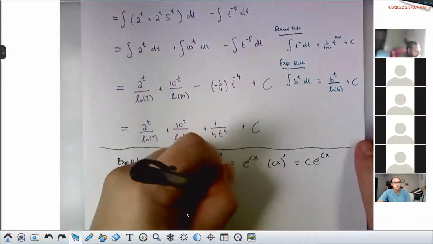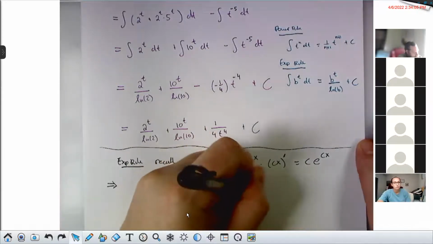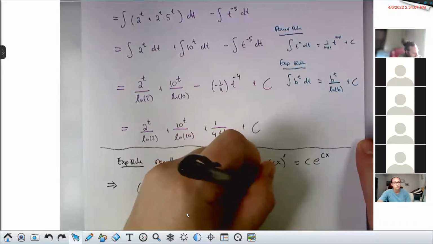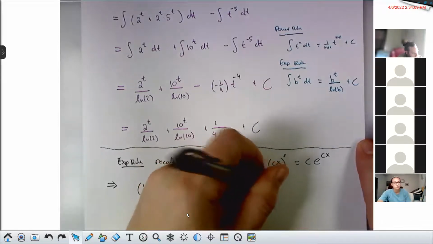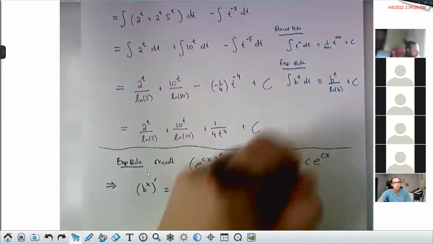Then, by the properties of logarithms, this is e to the x times the natural log of b, all prime. And now this thing is this thing. I'm trying to differentiate e raised to the power of x times a constant. So the natural log of b here is a constant playing the role that c plays here.